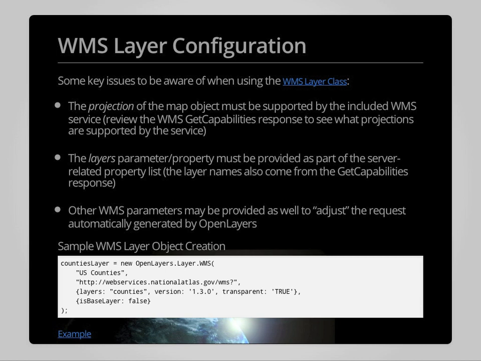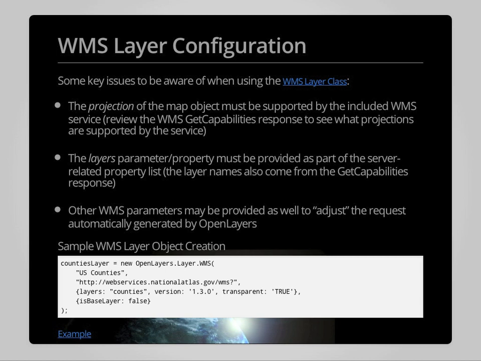Finally, you can provide other WMS parameters such as transparency, such as version, such as format, that you can use to specifically define what those values are as an alternative to using the values that OpenLayers automatically provides as a part of those requests.